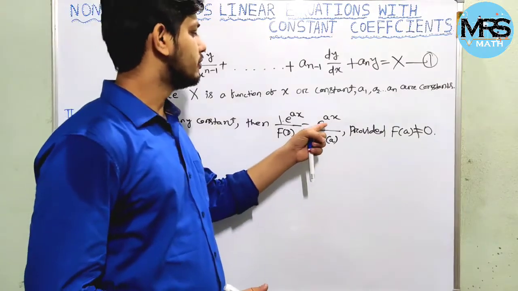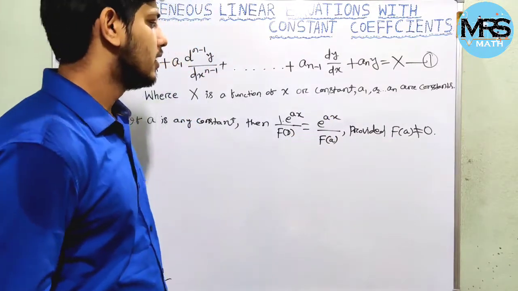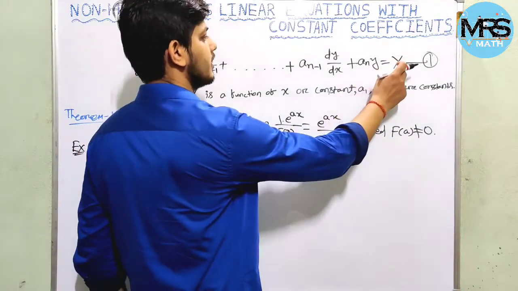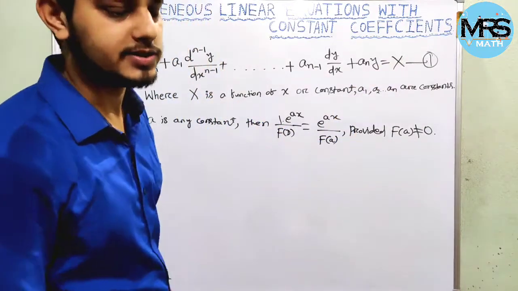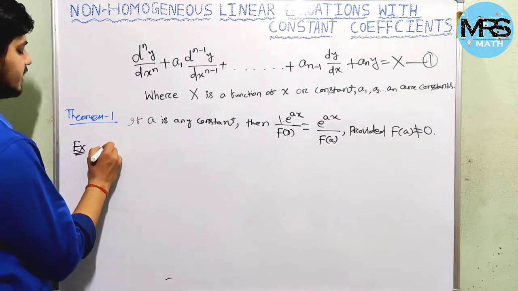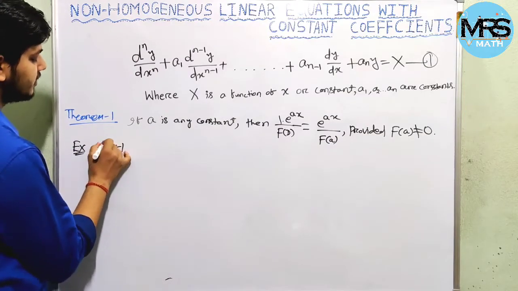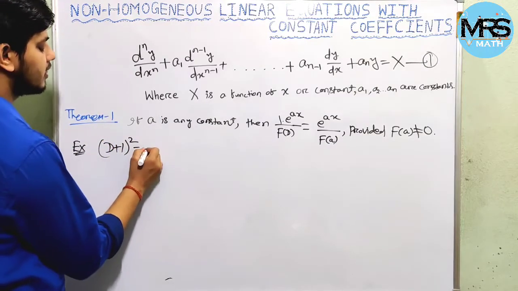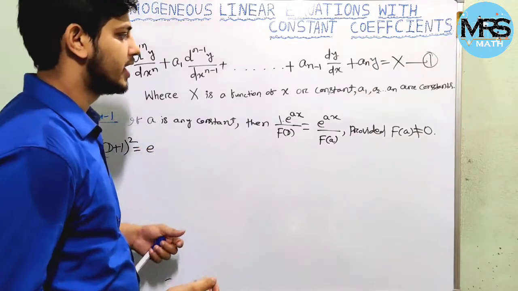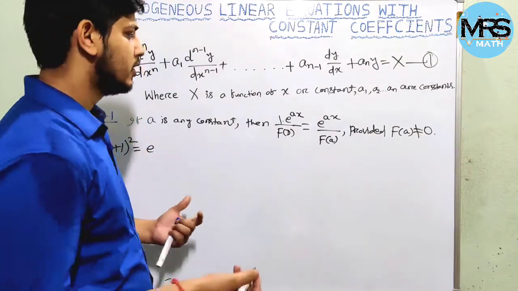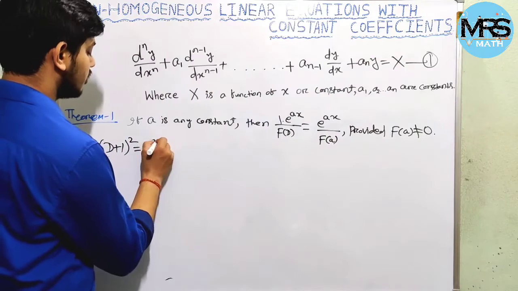Where e to the power ax will be there in the place of capital X. So let us take this type of equation, that is d plus 1 whole square y equal to e to the power x. You can take 2x, 3x. So I am taking e to the power 2x.